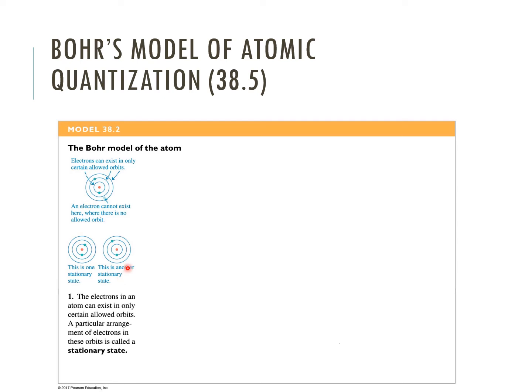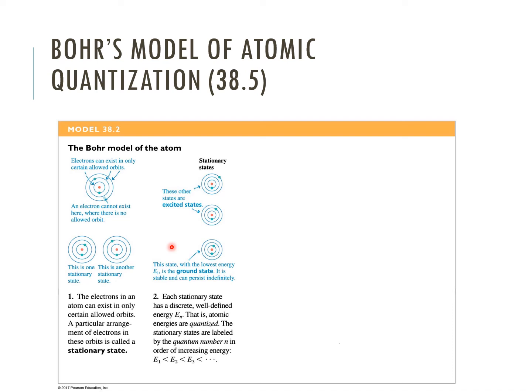A stationary state does not mean the electrons are physically stationary. They are still orbiting around their nucleus. The electrons themselves are spinning, in quotes, not exactly spinning, but doing something kind of like spinning. So they're physically moving, but the electrons are staying in those particular orbits.